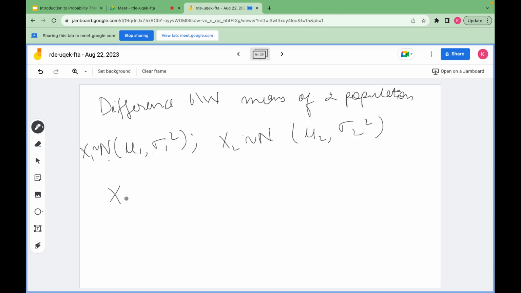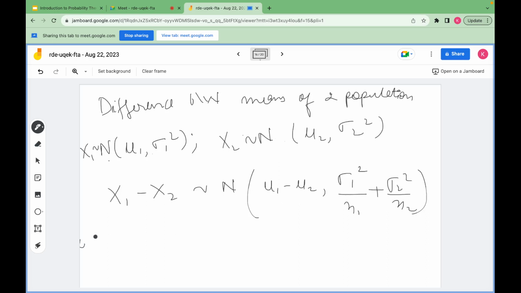Now x1 minus x2 is normally distributed with mu1 minus mu2 and sigma 1 square by n1 plus sigma 2 square by n2.